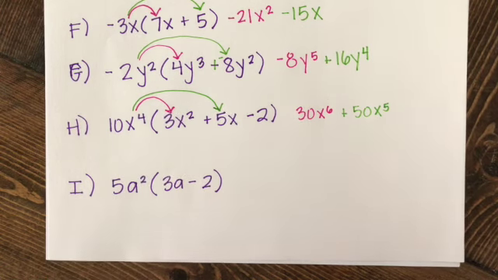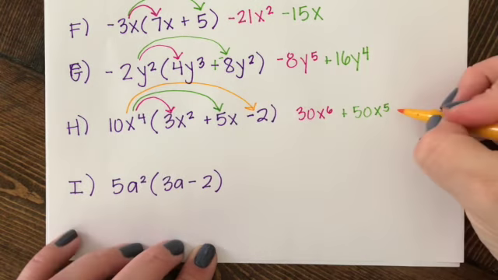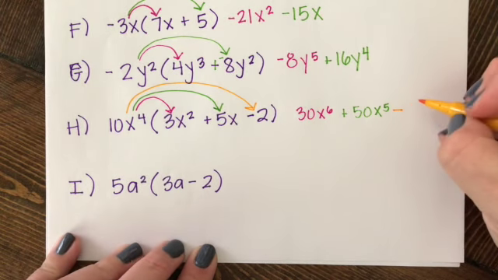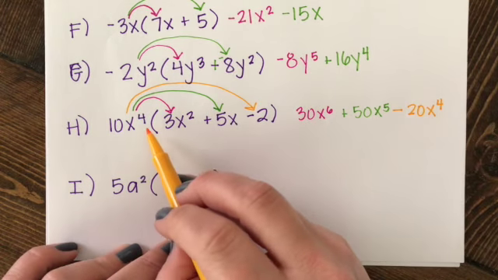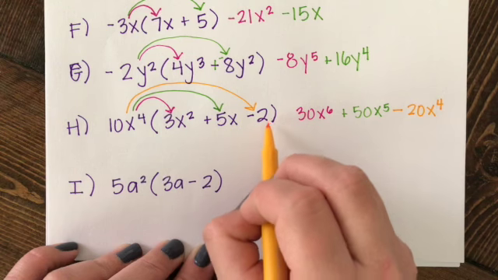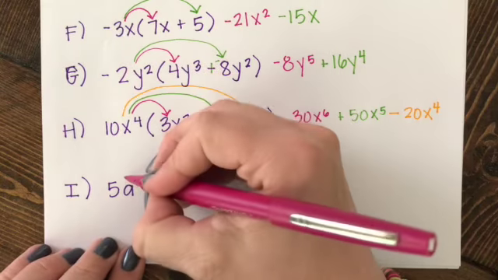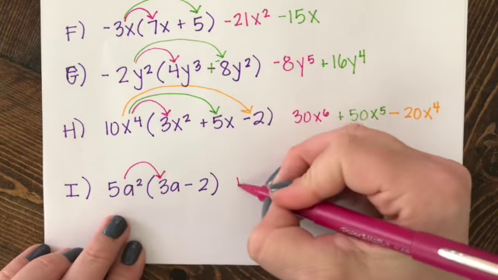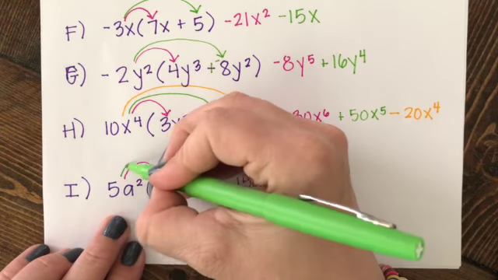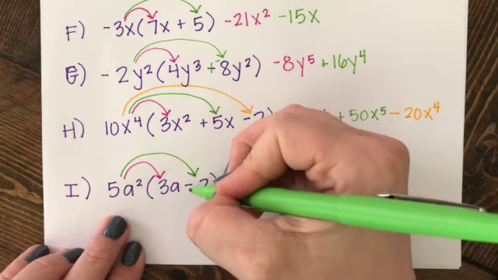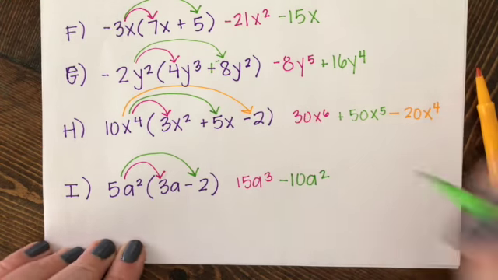And then, wait, there's more. 10x to the 4th times negative 2 would be minus, or plus negative, 20x to the 4th. It's 4 because there's only a 4 here; we're not adding any other x's. And then the very last one, 5a squared times 3a would be 15a to the 3rd, and 5a squared times negative 2 would be minus 10a squared.